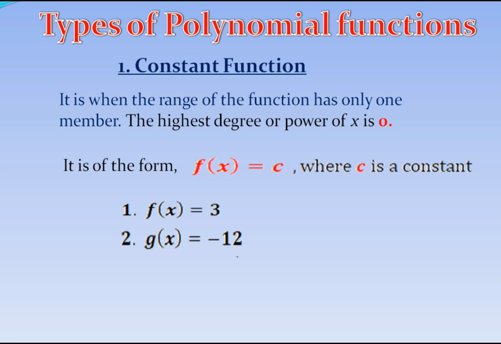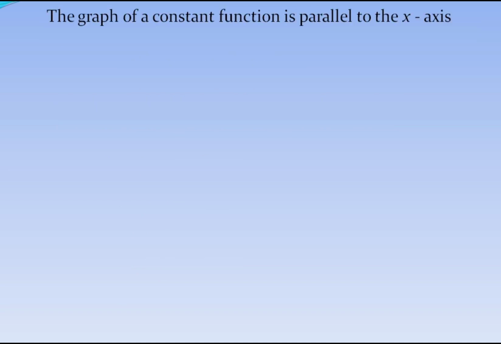All these examples are constant functions. So you realize that in a constant function, the value stands alone; it doesn't have any unknown variable attached to it.